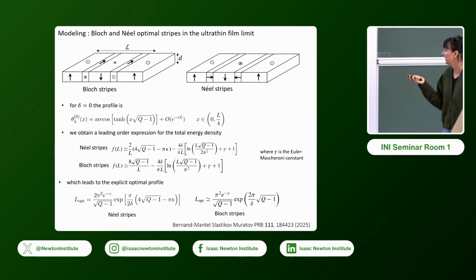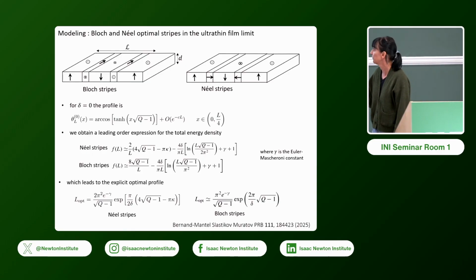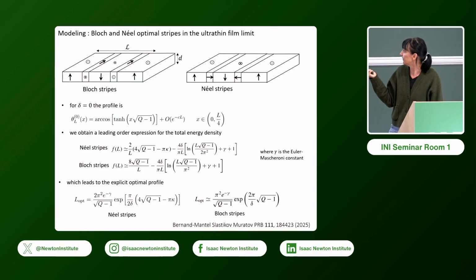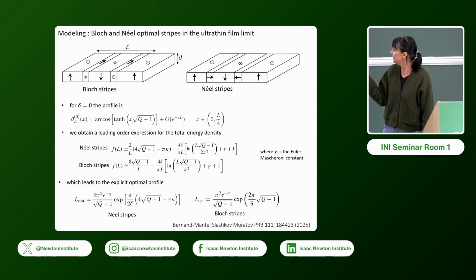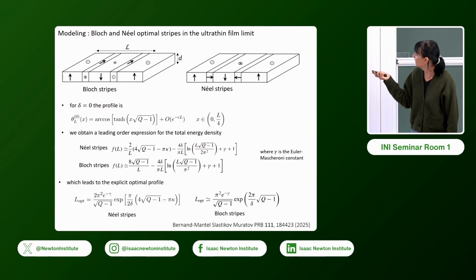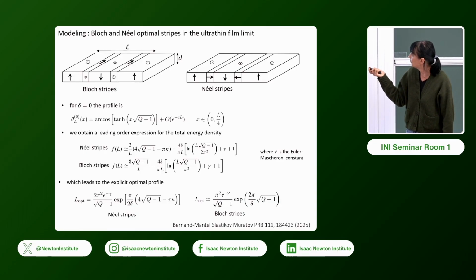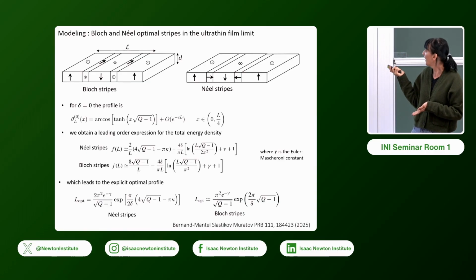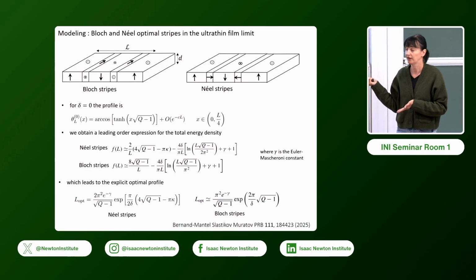And from that we obtain again the leading order expression for the total energy density, so this very nice and simple function explicitly showing here in the front twice the wall energy divided by L, and the right-hand side is the non-local part, which is so tricky to calculate.